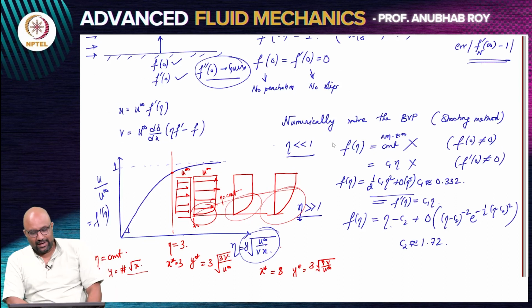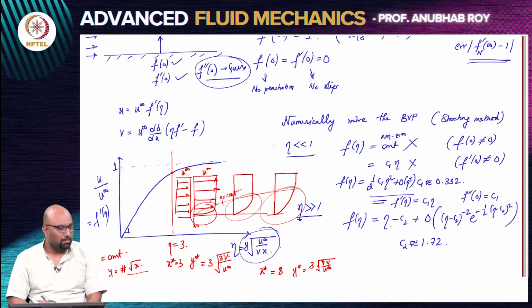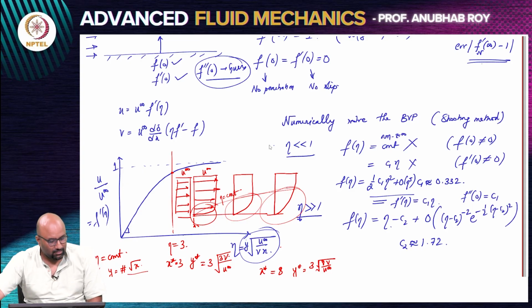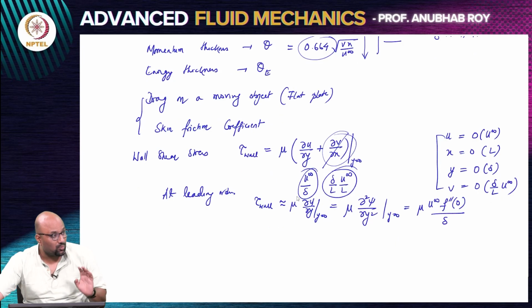So, f of eta is half C1 eta square. So, what is f double dash of 0? C1 or 0.332. So, without actually relying on the numerical calculation, just for the purpose of wall shear stress.